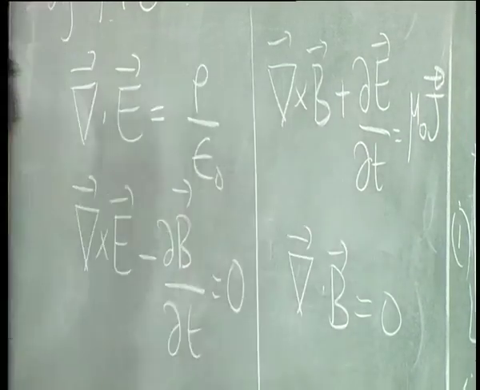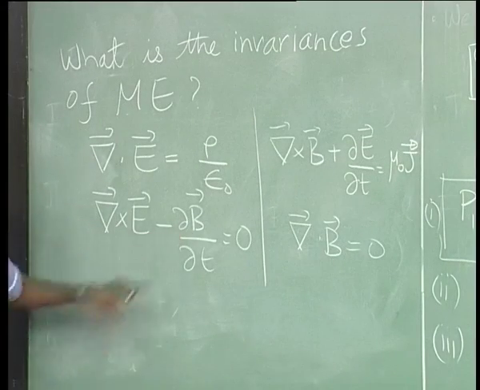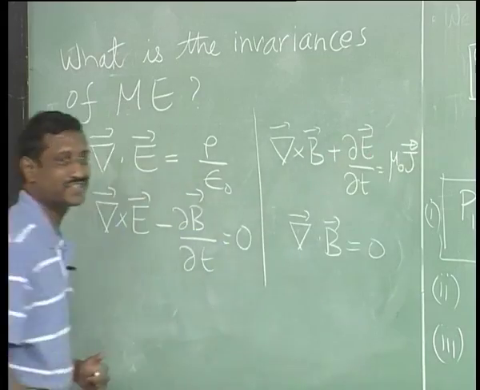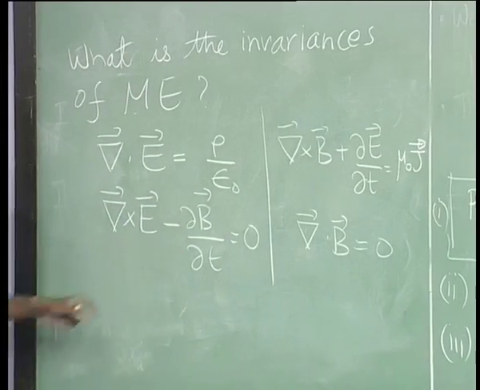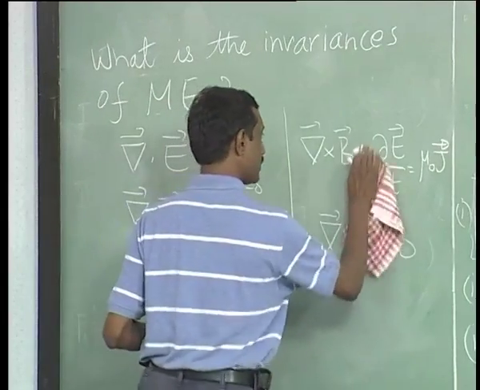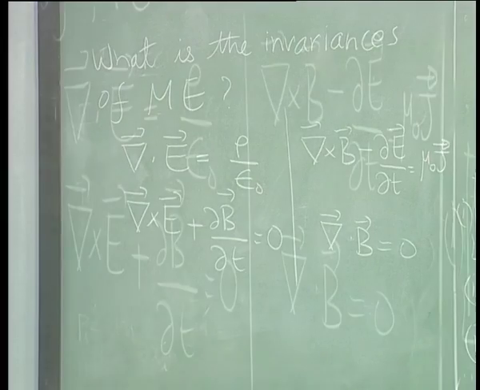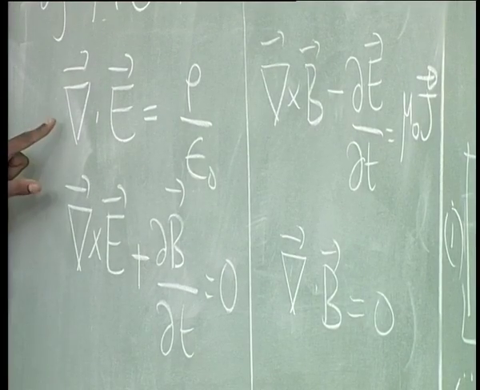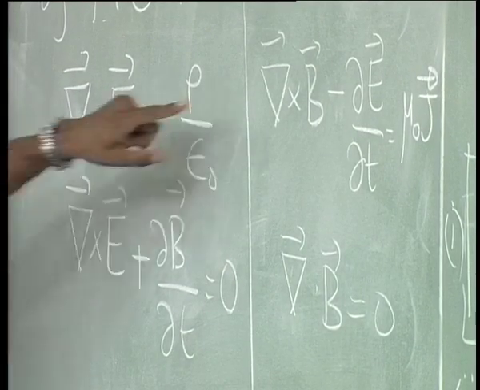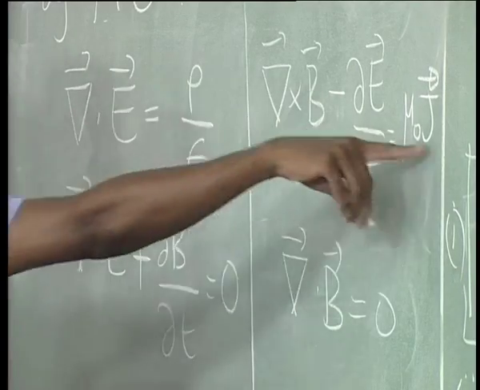So you can see that I mean most of you would be used to writing these things on the right hand side, but there is a sign error here, and this should be minus. Okay. So there is a difference between the top line and the bottom line. The top line has sources.